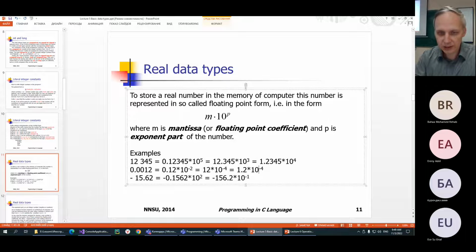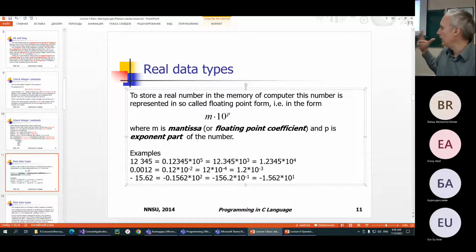1.2 times 10 to the power not -4, but -3 here. And if the number is negative, again there are a lot of different notations, but only one notation corresponds to our supposition that the mantissa must be between 1 and 10. 1.562 times 10 power 1.